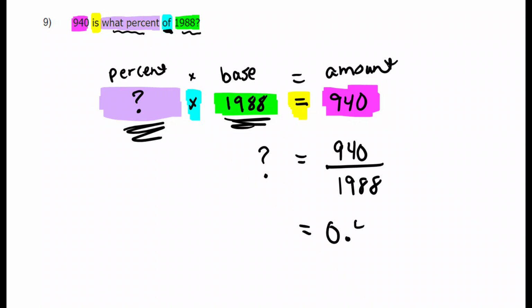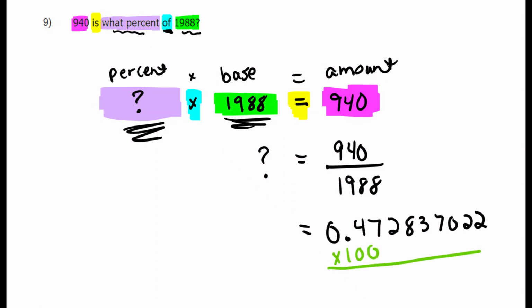And that actually comes out to be 0.4728370022. The directions said round it to the nearest hundredth, but this one's also a percent. So the first thing I have to do is multiply this by 100 to put it in percent form.